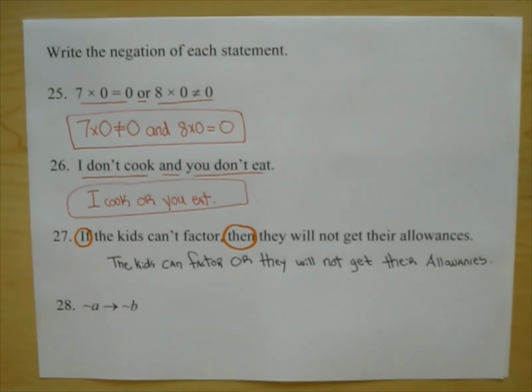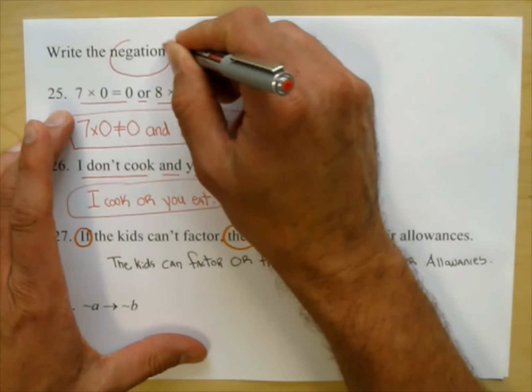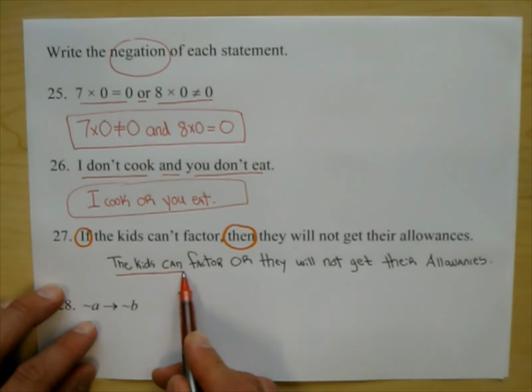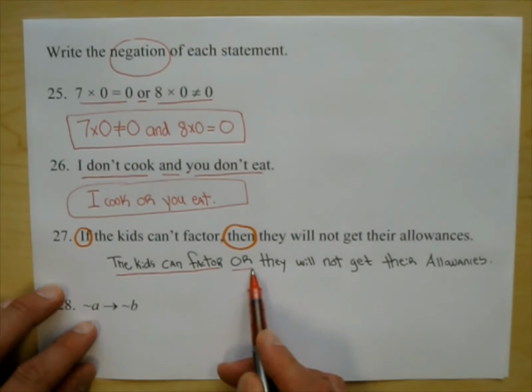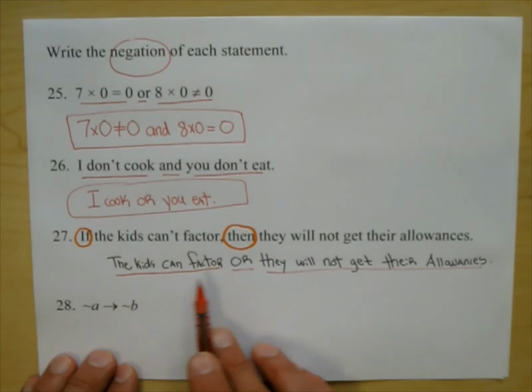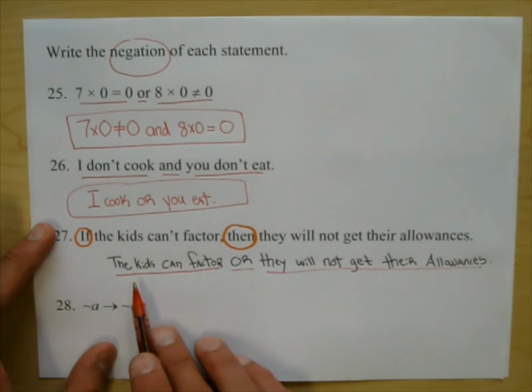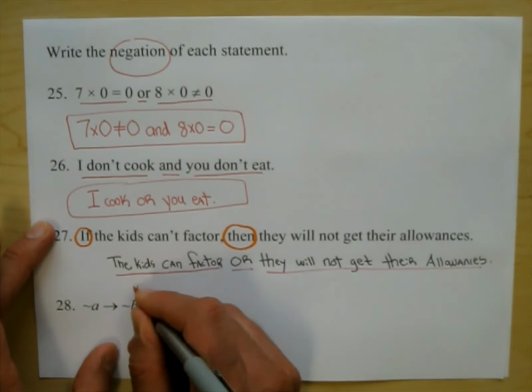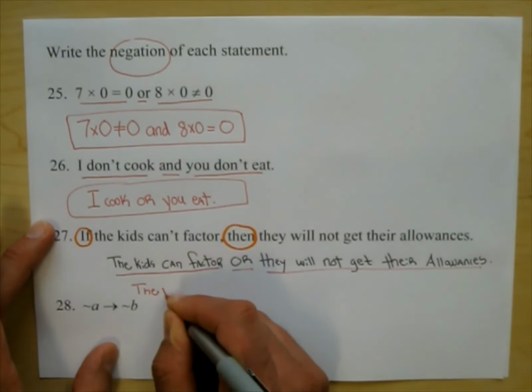What they asked me to do was write the negation of the statements. So now I see an or here, so we have three different things here, and I'm using De Morgan's laws. I'm going to write the negation of each of those three things. The kids can factor, so now I'm back to the kids can't factor.